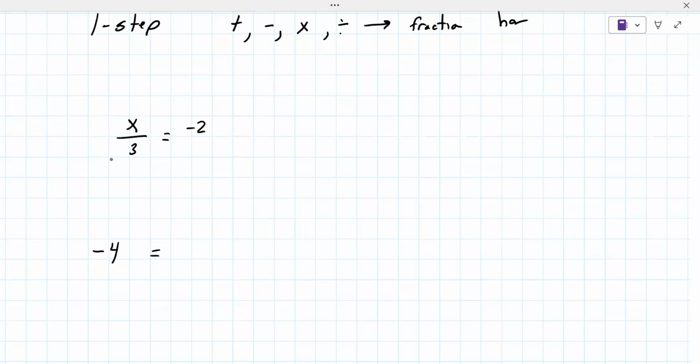Minus 4 equals 3 plus x. 5x equals -20. And then x minus 3 equals -3. I'd like you to try solving each of these 4 equations. They're all one-step equations, but it'll help me to gauge your understanding. So go ahead and work those out for me.